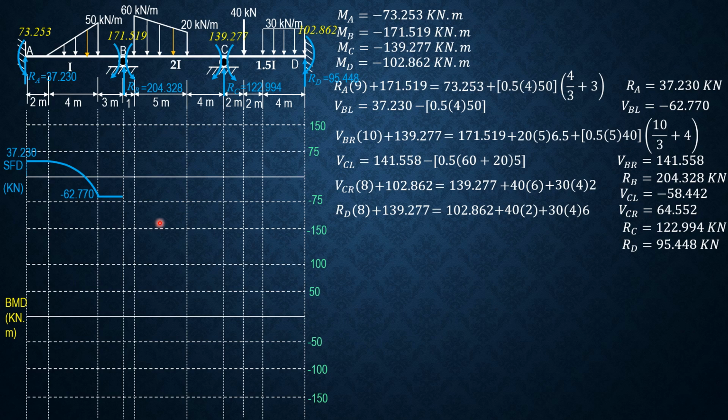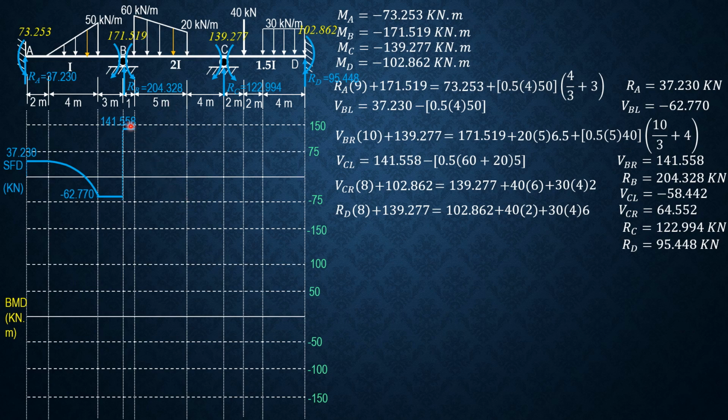So check that the shear at B just to the left is negative 62.77 kilonewtons. Then negative 62.770 plus 204.328, it rises to shear at B just to the right, which is 141.558. It checks. Then constant, and minus the area of this trapezoidal loading, and it is negative decreasing.